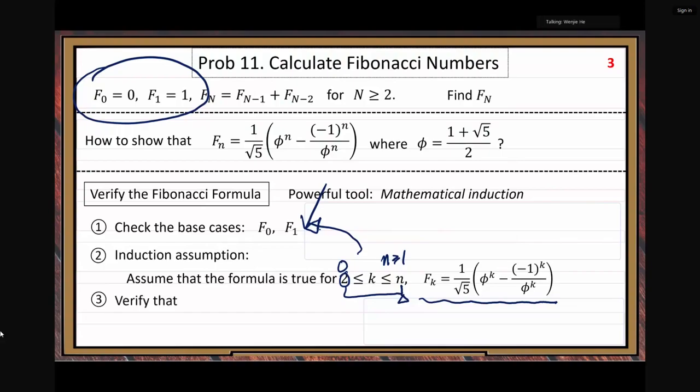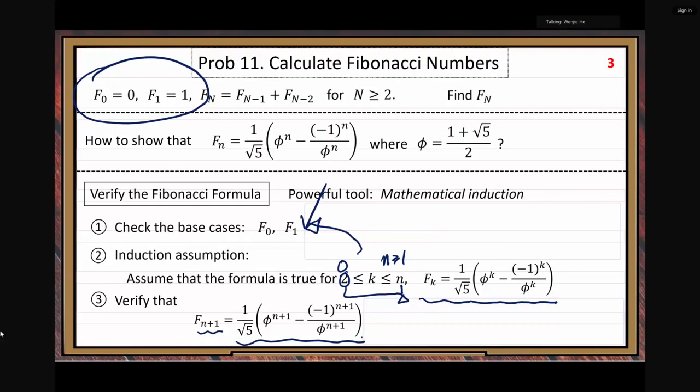So in step 3, we need to verify that when k equals n plus 1, F n plus 1 equals this formula. But we need to prove it. We need to verify it is correct.